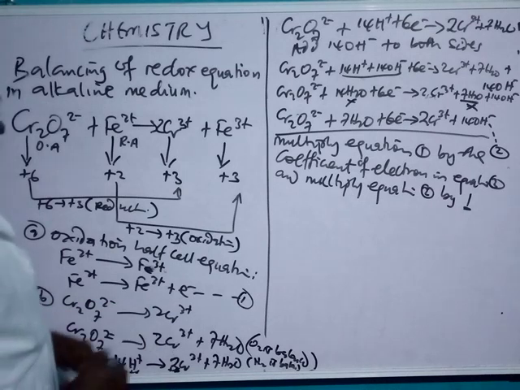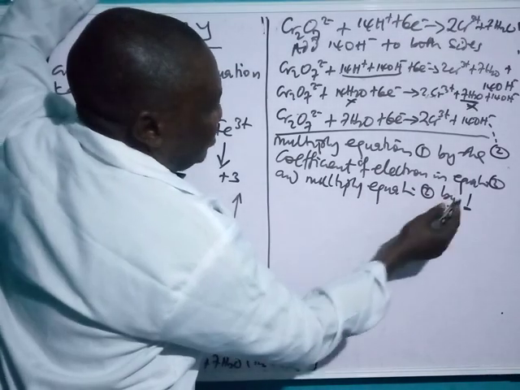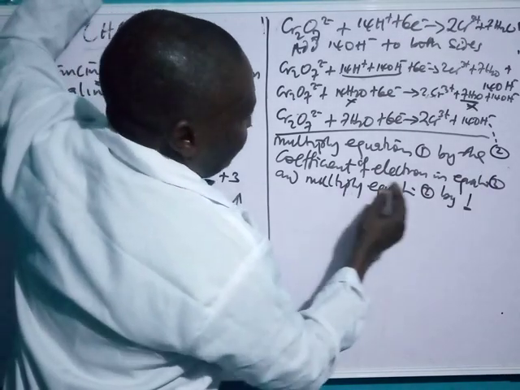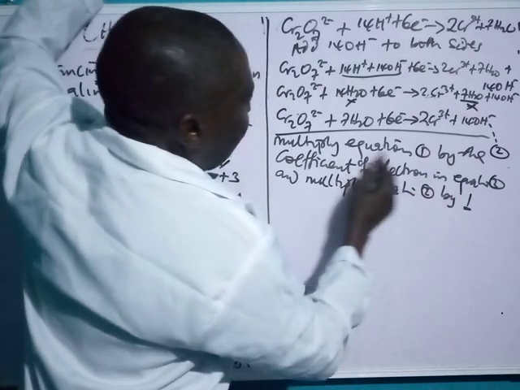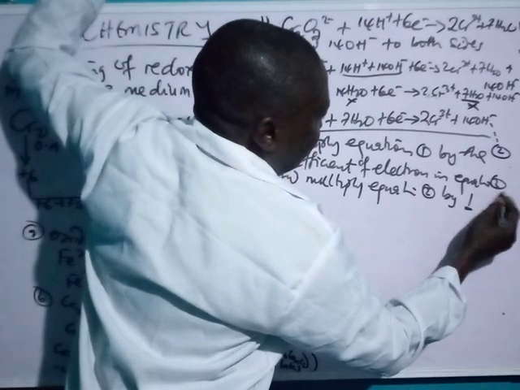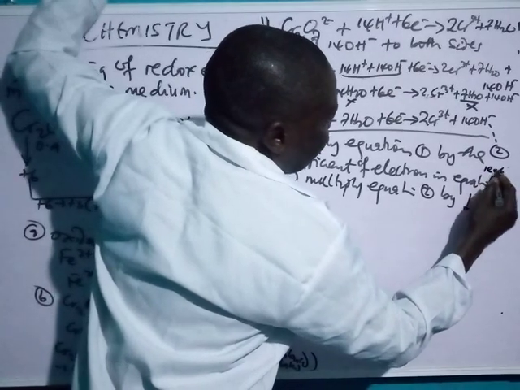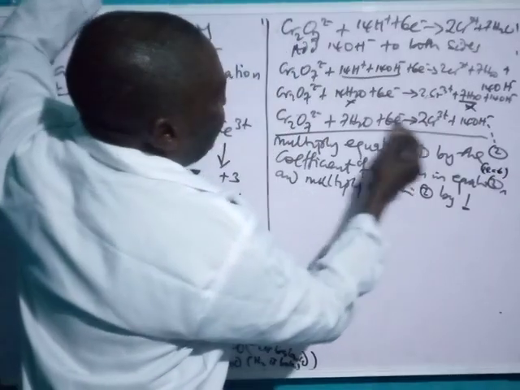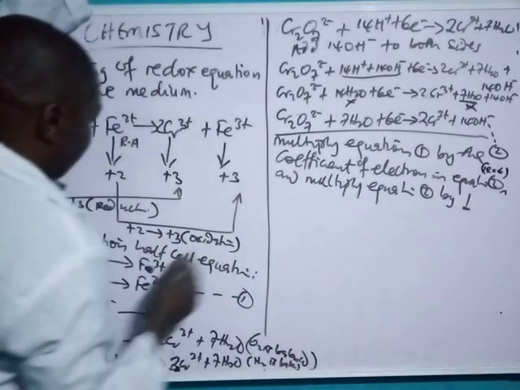You see it. So you use this 6: multiply equation 1 by the coefficient of electron in equation 2, which is 6, because that's the 6 electrons we have here.